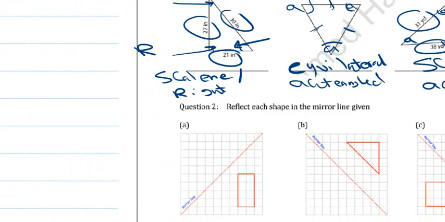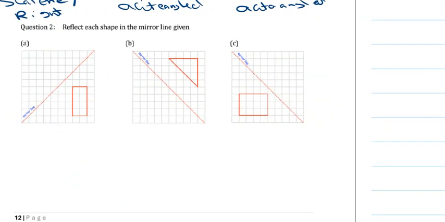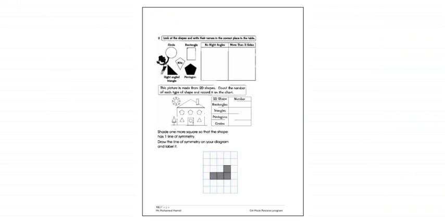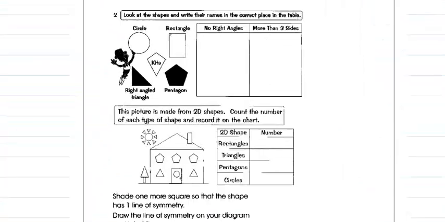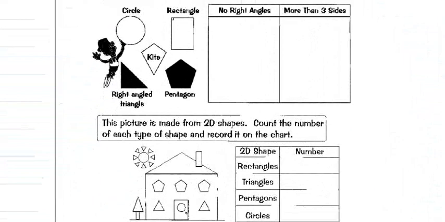You need to use a tracing paper to solve these problems. Look at these shapes. Which shape here has no right angles? You will find that the kite has no right angle here.